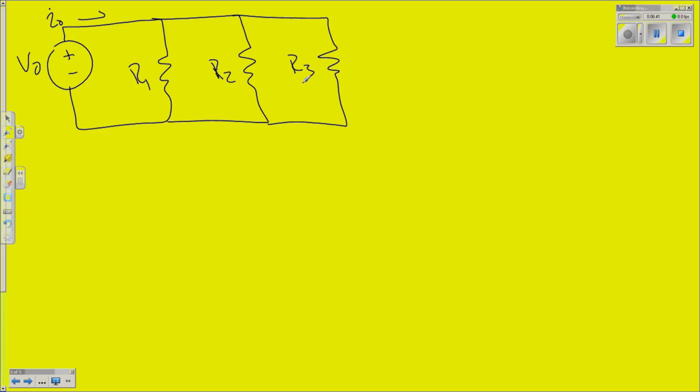So the hard way, we've got 1 over REQ is equal to 1 over, let's say, R1 is 10, R2 is 20, and R3 is 30. So 1 over 10 plus 1 over 20 plus 1 over 30.